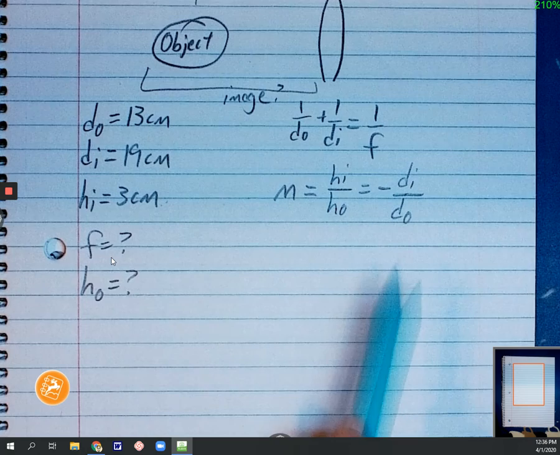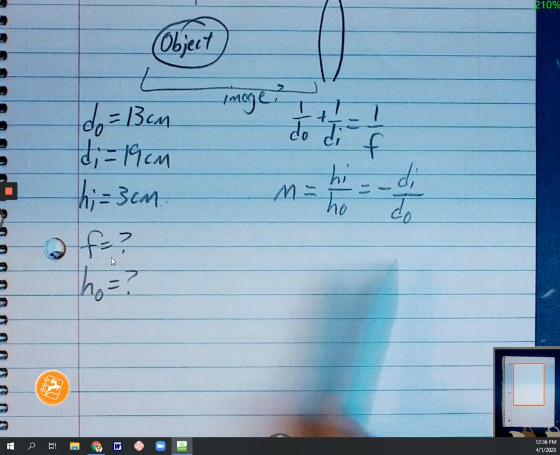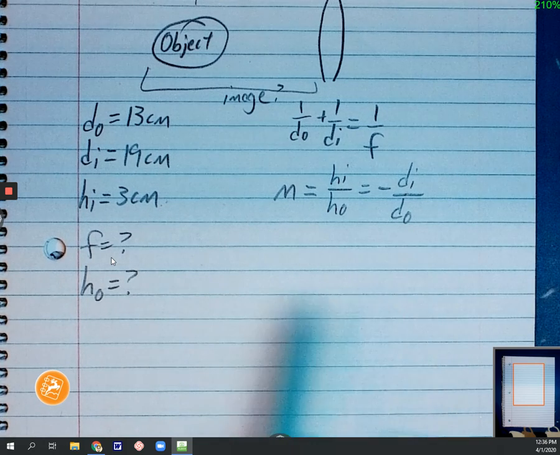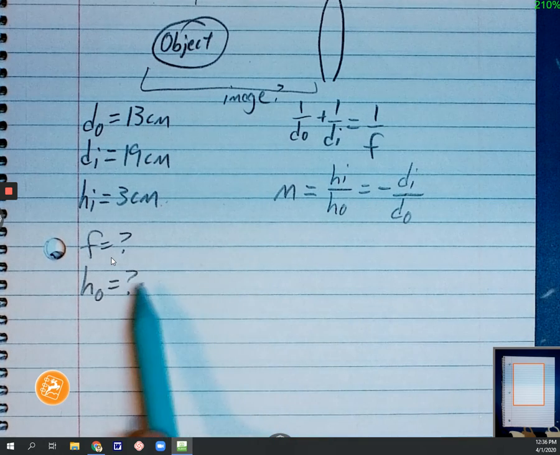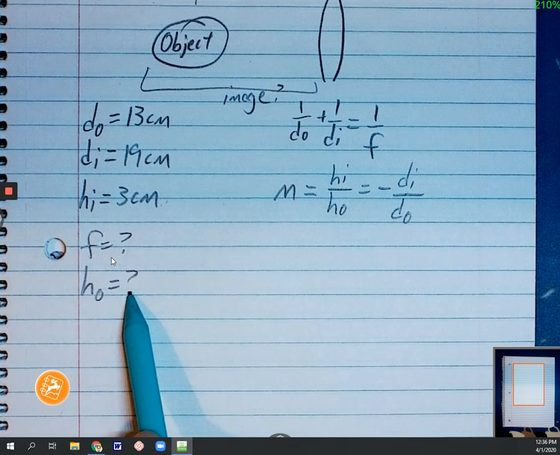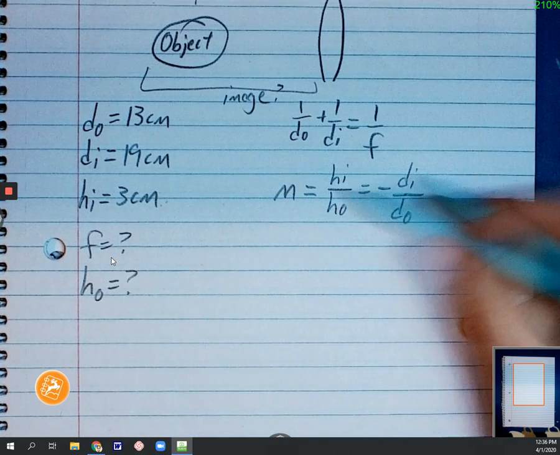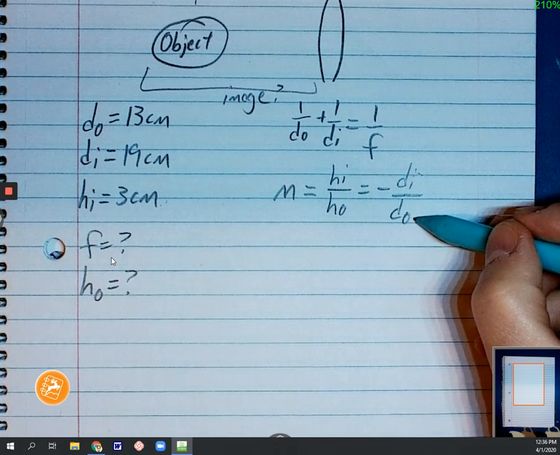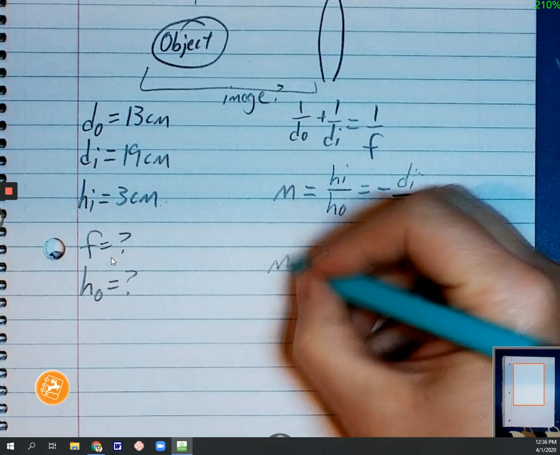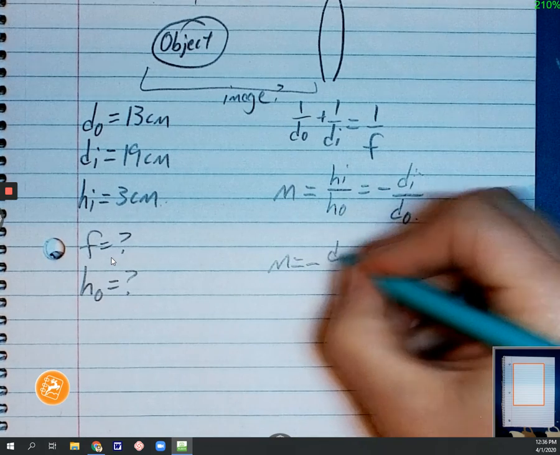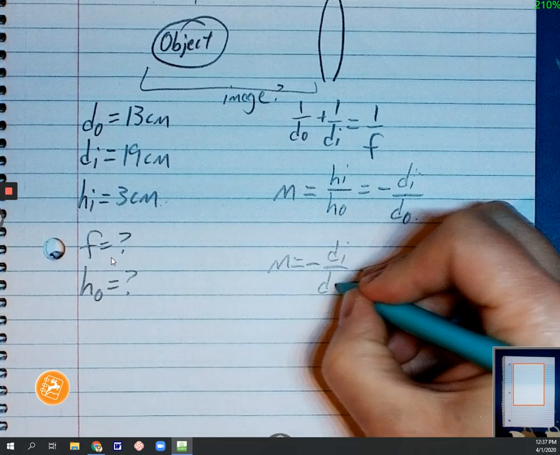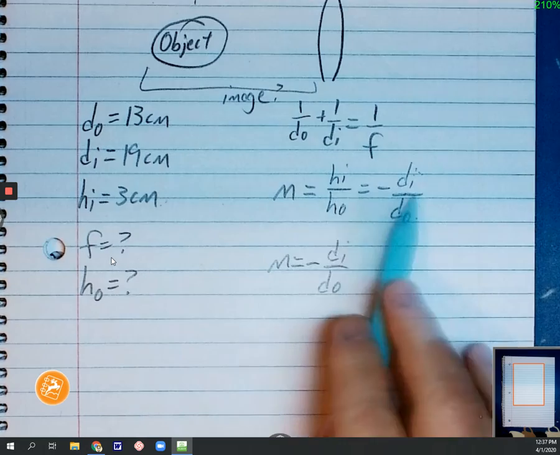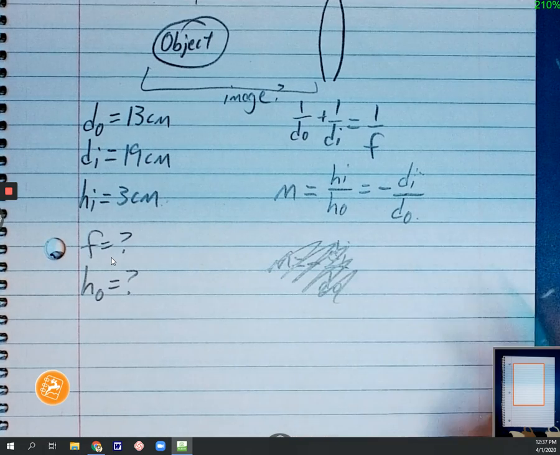Given what we've got, I think we can find the height of the object by finding the magnification, which is the ratio of the distance of our image and the distance of our object. So let's start with m equals negative di over do. Actually, I'm going to save myself a step. Instead of going from this to this, I'm just going to use these two in an equality.